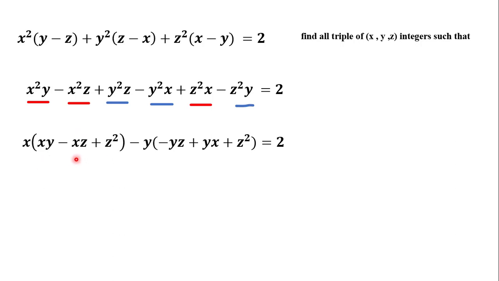If you look at the first parenthesis and the second parenthesis, we can say if we add minus yz to the expression in the first parenthesis and add xy to the expression in the second parenthesis, we are going to get the same expression in our parenthesis.